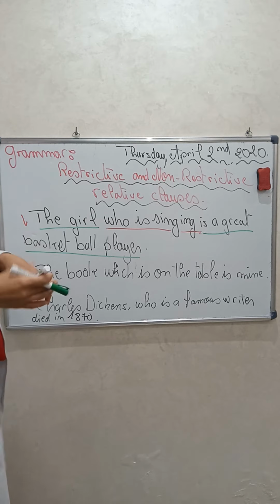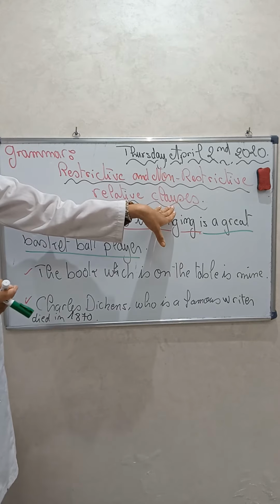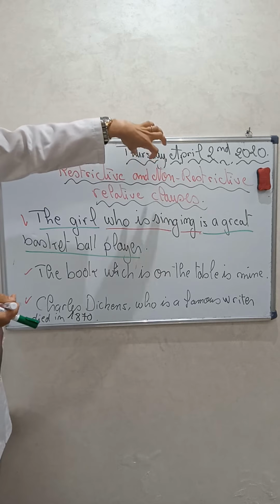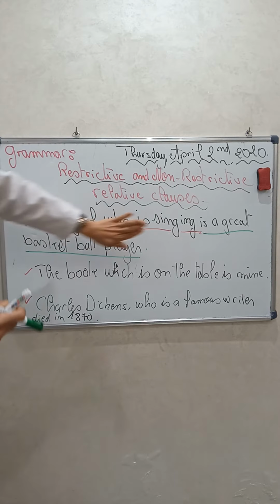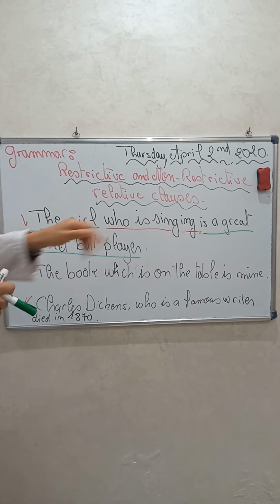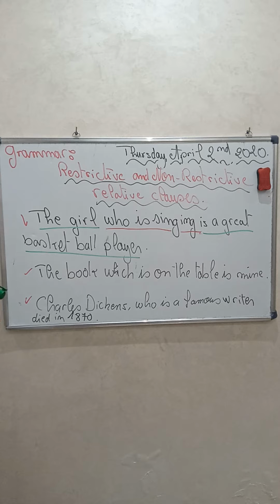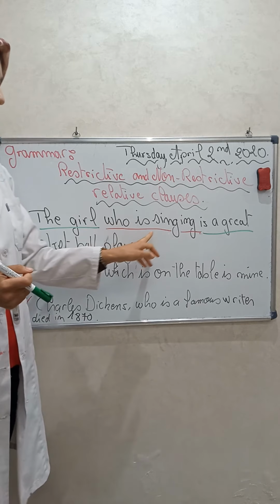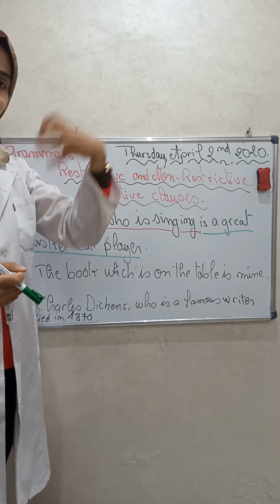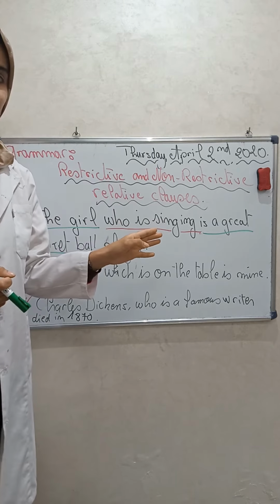The relative clause is something that we may put and we may somehow omit. If we omit who is singing, we are going to be left with the girl is a great basketball player. So who is singing is subordinate extra information.